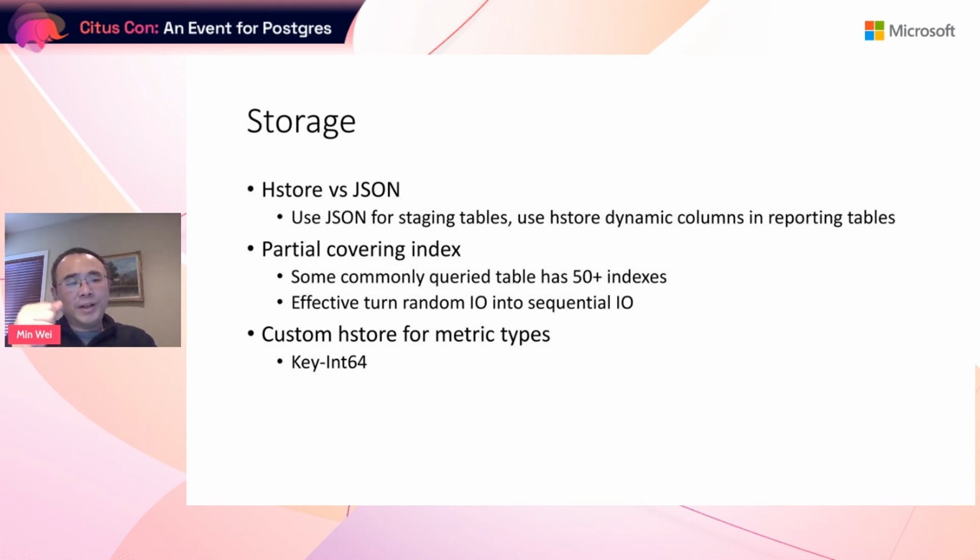And also because it's Postgres, we can add our own custom data types. As I talked about earlier, for the metric we have key-value types. We developed a custom HStore for the metric columns, because we have a metric key, sometimes a string, sometimes a double, but the value is always a count.